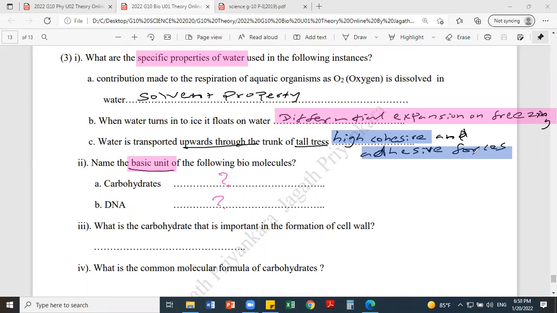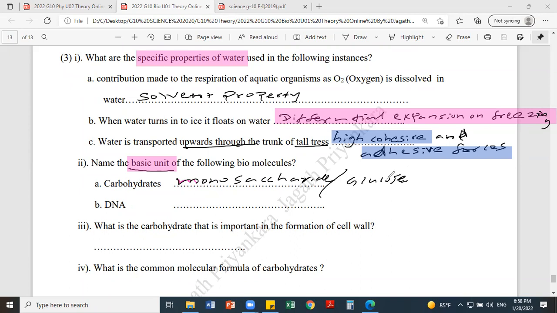Sohana? Vatika? Carbon. Very good. Carbohydrate, the basic unit glucose. So actually carbohydrates are of many types. You should better write monosaccharide, or if you write glucose it can also be accepted.